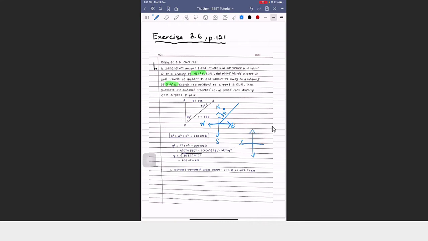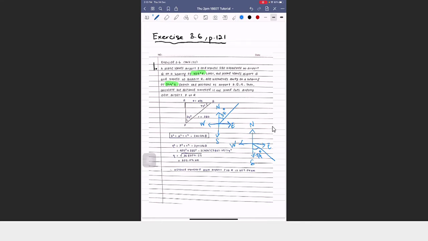Again, this is your north, south, east, west. So south 74 degrees means from south going to the east direction, so you are going that direction, making 74 degrees, something like this.